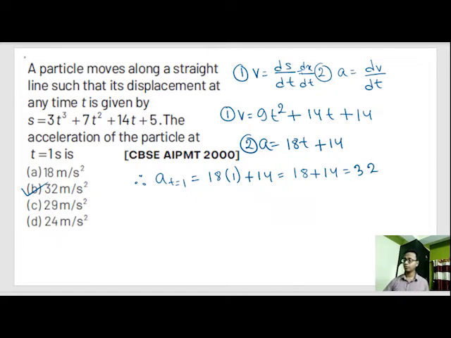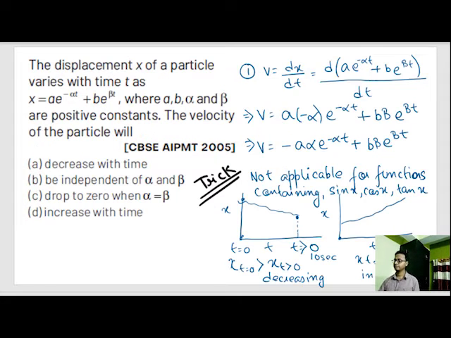So let's repeat what I did in the previous question. When I obtained the velocity, alpha minus a alpha e to the power minus alpha t plus b beta e to the power beta t, there is a trick. This is not a concept. The proper concept is called monotonicity, and if you begin learning that, you will forget your physics syllabus.